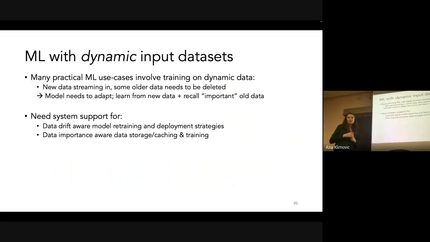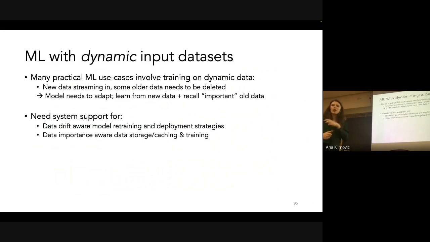One big aspect is the dynamic nature of data. When we look at research data sets and the benchmarks we use as academics, you might use MLPerf, for example. You might train on something like ImageNet. But this is a static data set. You download it at once, you have access to the whole thing.